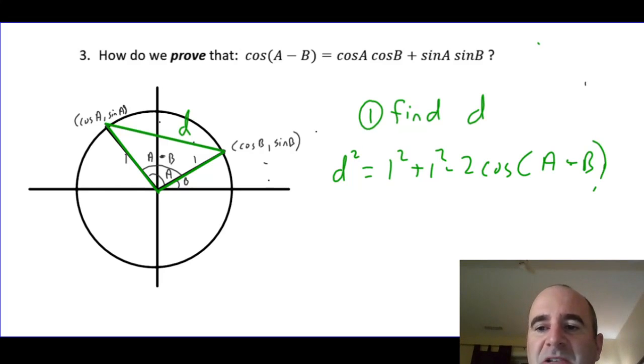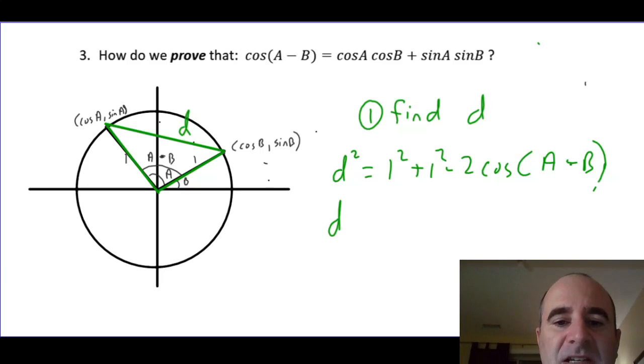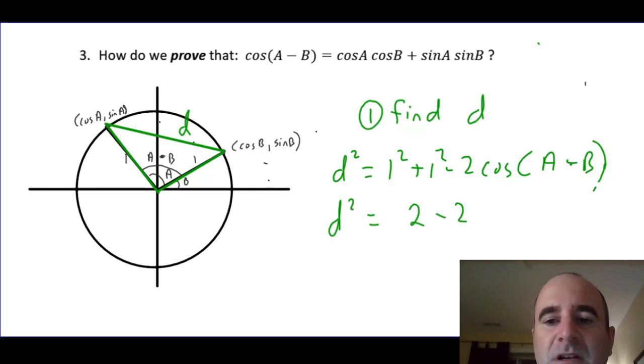C squared equals A squared plus B squared minus 2AB times the cosine of C, where here our A and B sides are both 1, and our angle is the angle A minus B in this green triangle here. I can clean that up a little bit, and I can say that D squared must be equal to 2 subtract 2 times the cosine of A minus B.